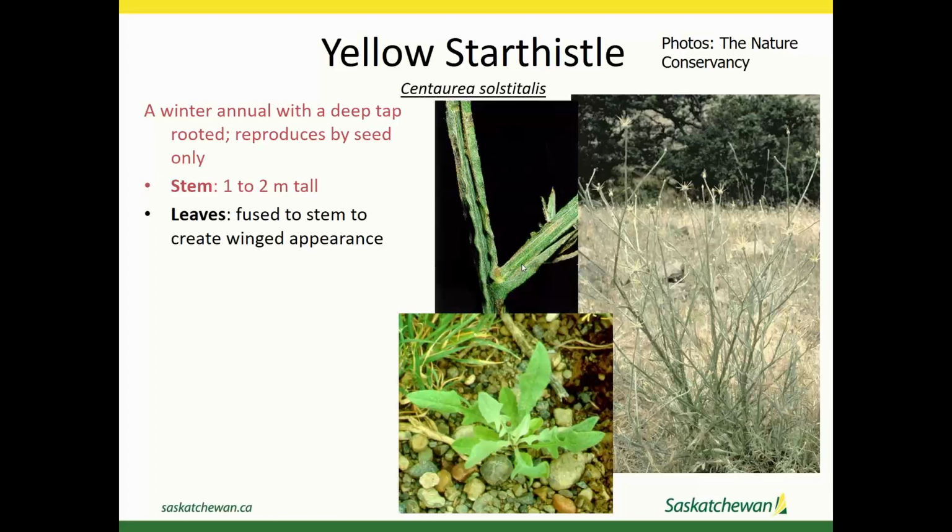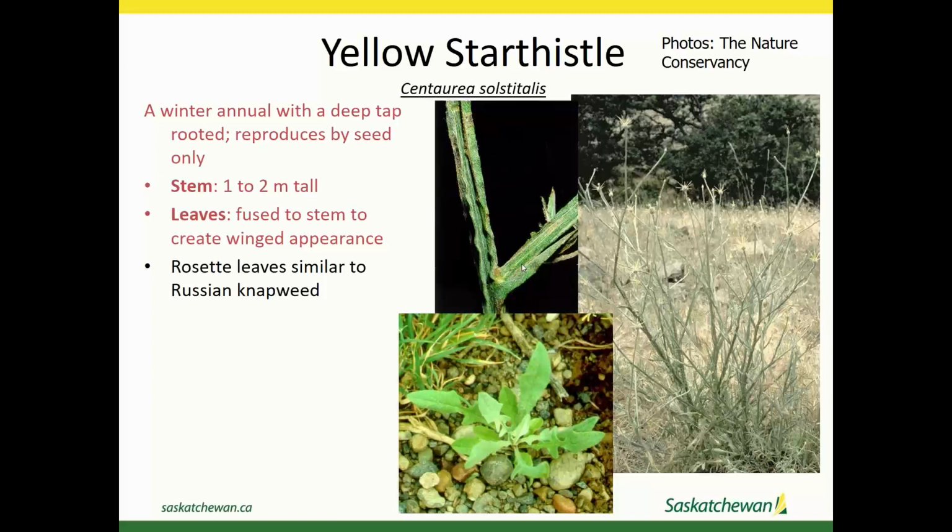And then as that continues along the stem, you'll see the leaf separate from the stem and create leaves that stick out from that stem. They tend not to be overly divided. They're fairly small once they depart from the stem.